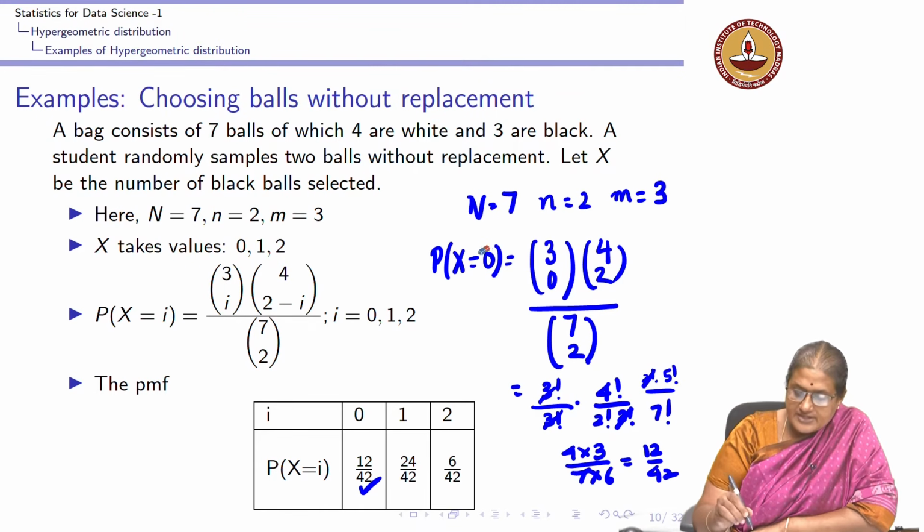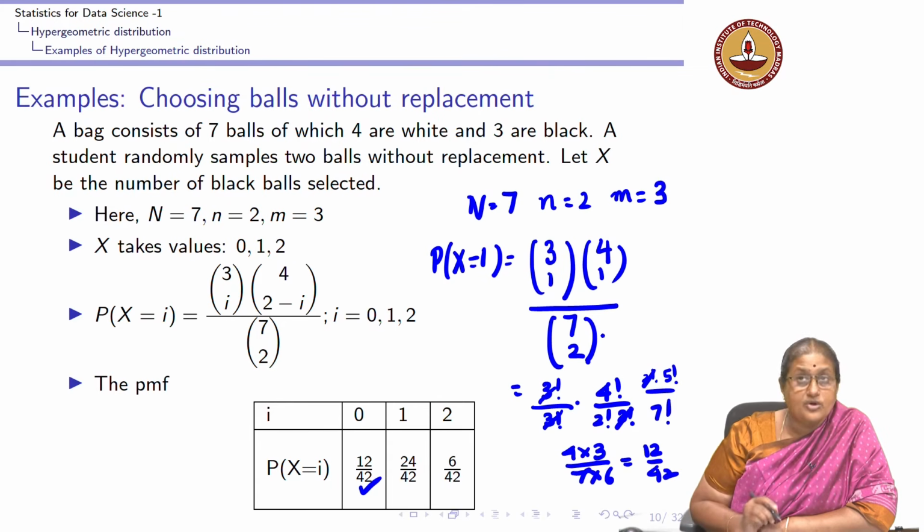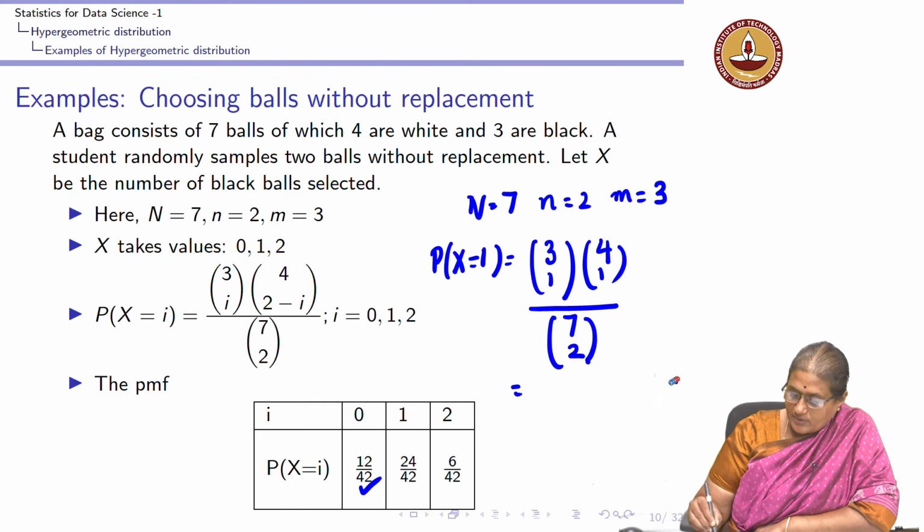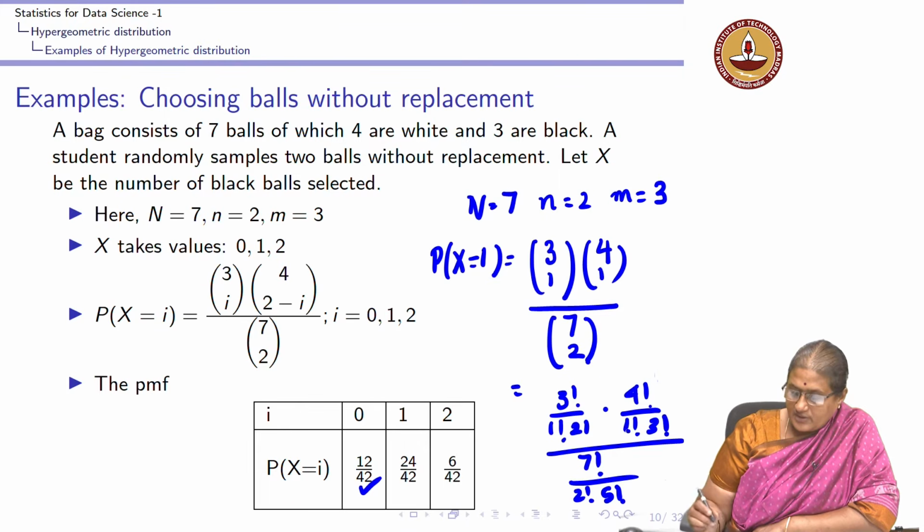Now, if I look at X equal to 1, I have 3 choose 1, into 4 choose 1, the denominator remains the same, 7 choose 2. 3 choose 1 is going to be 3 factorial by 1 factorial, 2 factorial, 4 factorial by 1 factorial, 3 factorial, by 7 factorial divided by 2 factorial, 5 factorial, which is going to be a 3 into 4 from here.